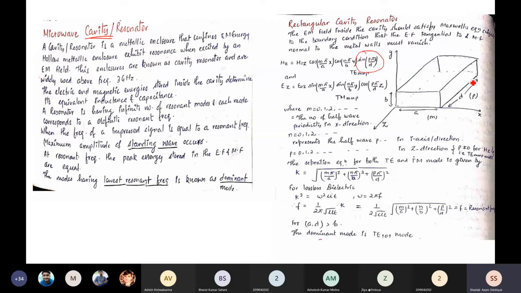or resonator is a metallic enclosure. All the sides are enclosed, and it confines electromagnetic energy. It is a hollow metallic enclosure, and it exhibits a resonance when excited by an electromagnetic field.